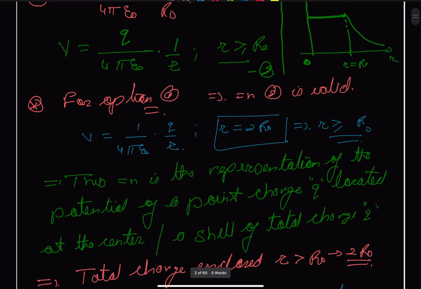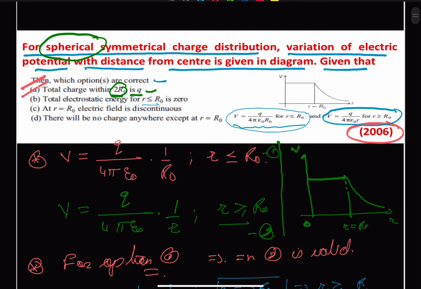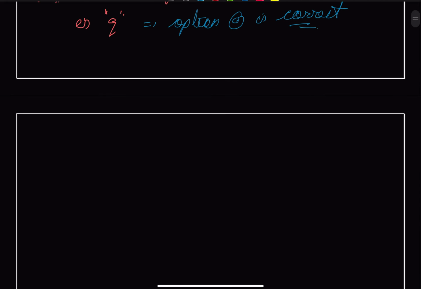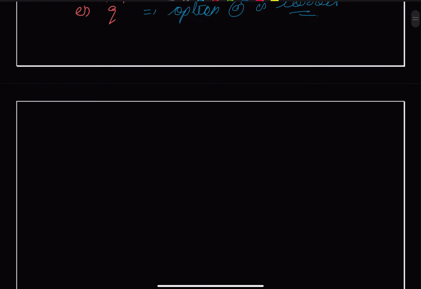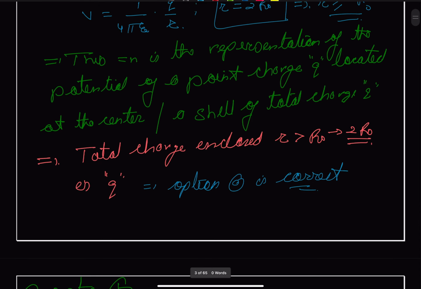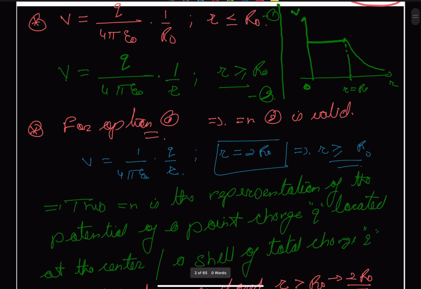Then option B states that total electrostatic energy for R less than or equal to R naught is 0. So for option B, our equation number 1 will be valid.